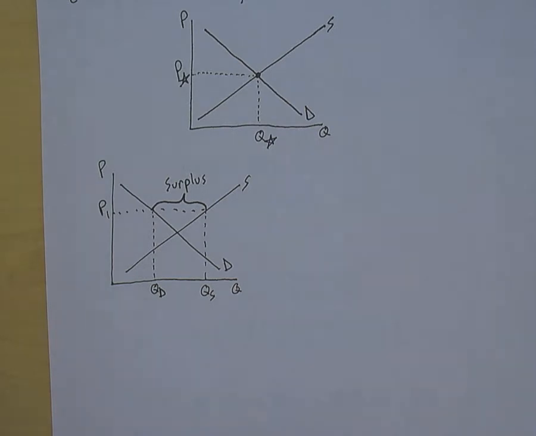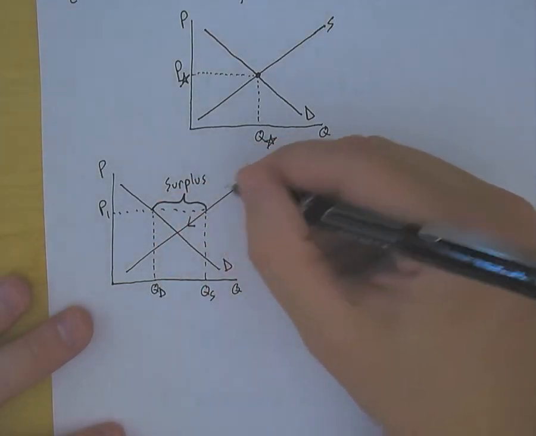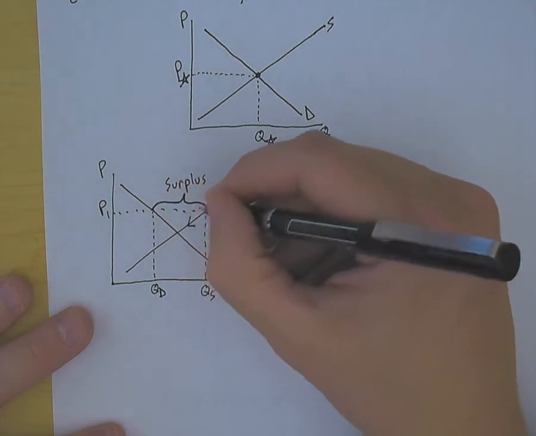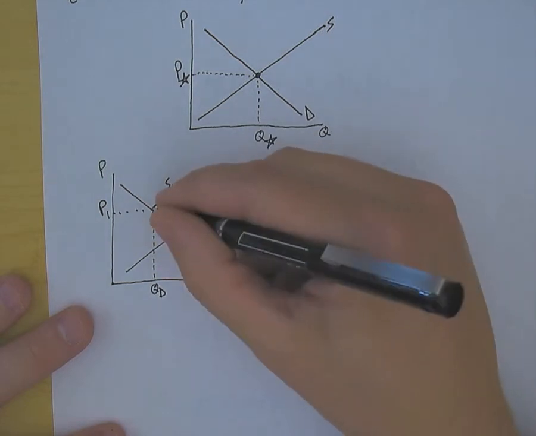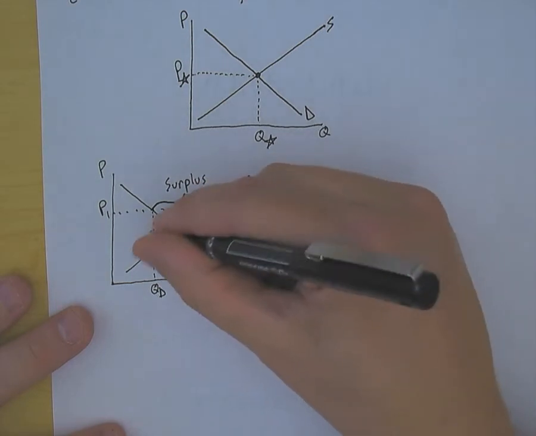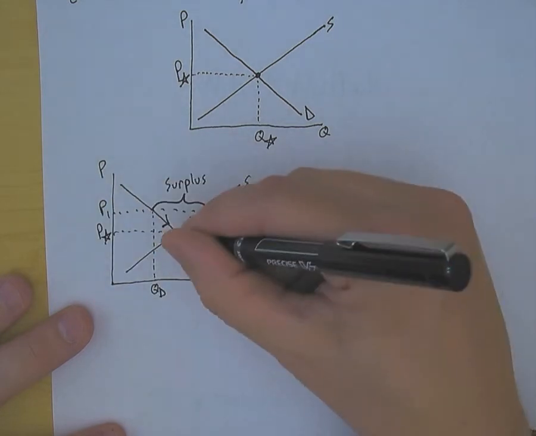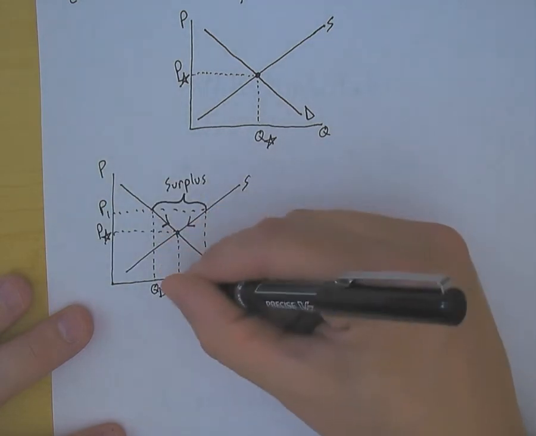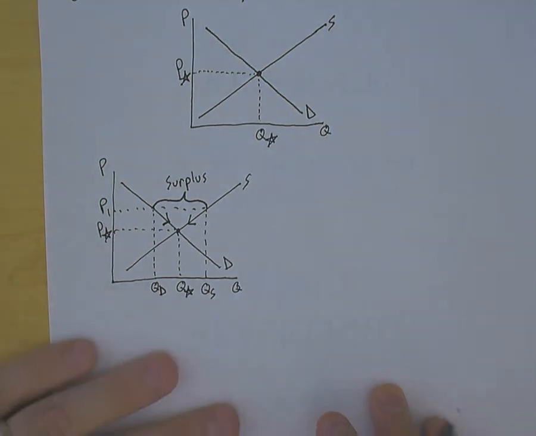So what's a business to do? They're going to notice that their product is not selling. If their product is not selling, they're going to start lowering the price. And as they lower the price, people will start consuming more of it. This pattern will happen until we get to equilibrium and we've established our market price, that happy place where the quantity demanded equals the quantity supplied.